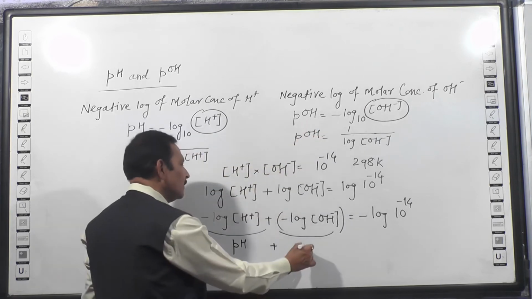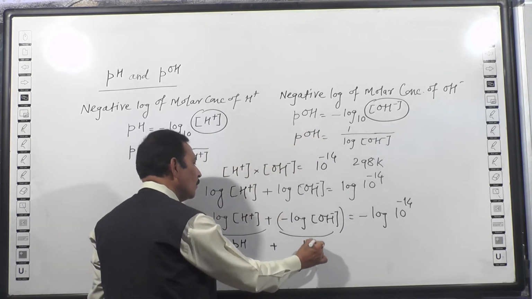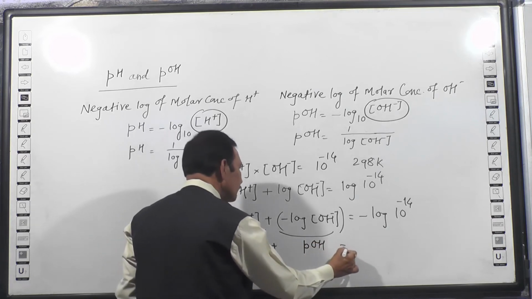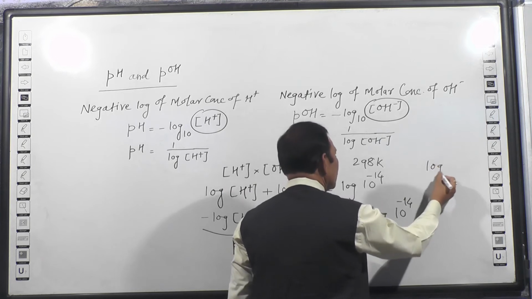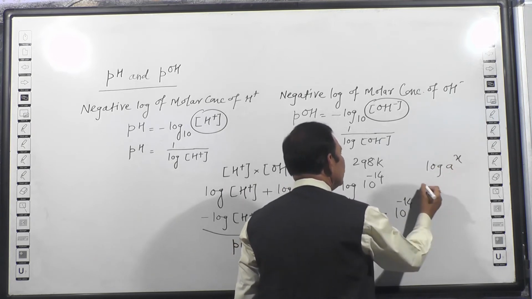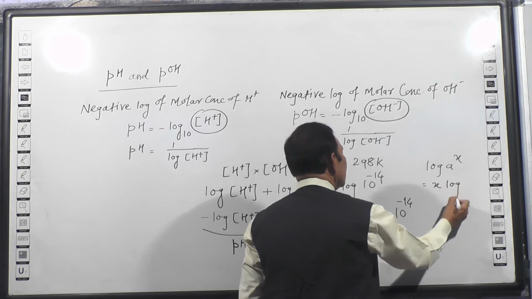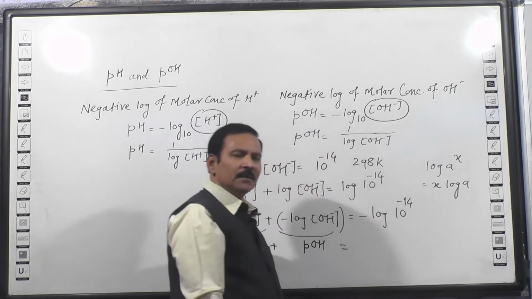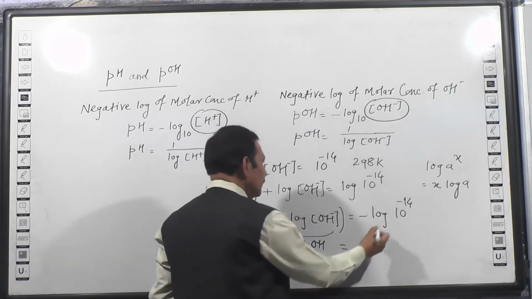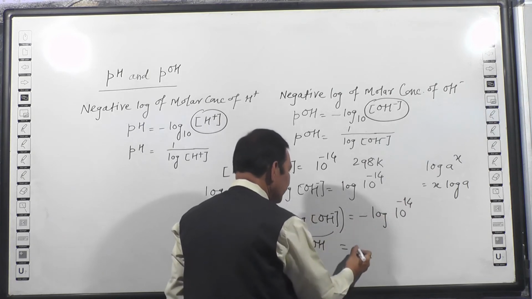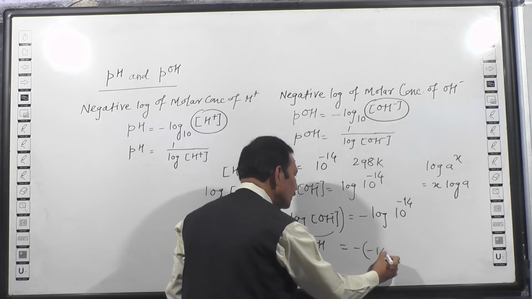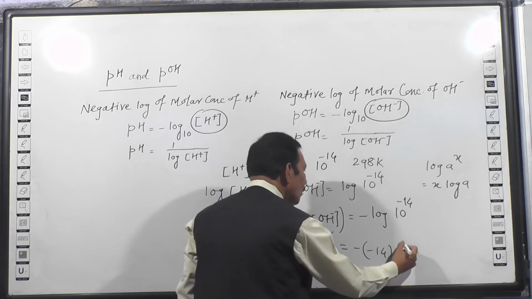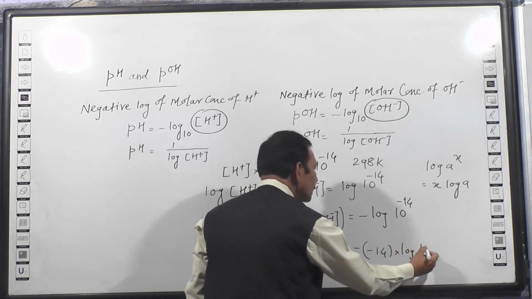So we'll write pOH, and this is equal to log of... yesterday we have seen, log A raised to power x is equal to x log A. This is the logarithmic formula. So the power becomes the coefficient, minus as it is, inside the bracket this power is minus 14, into log 10 is remaining.